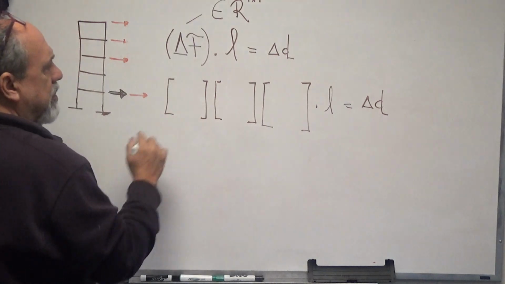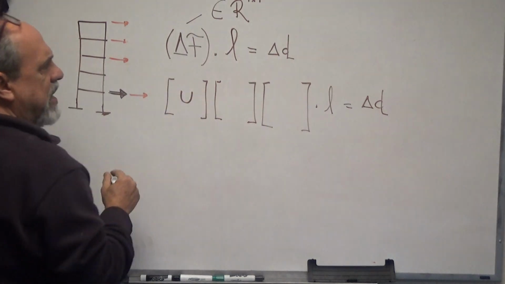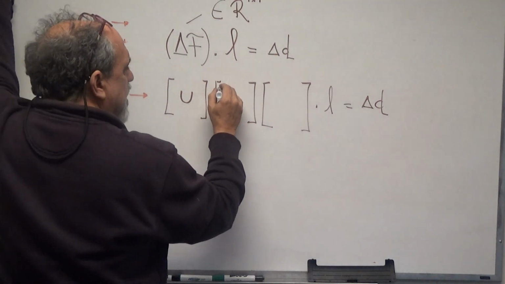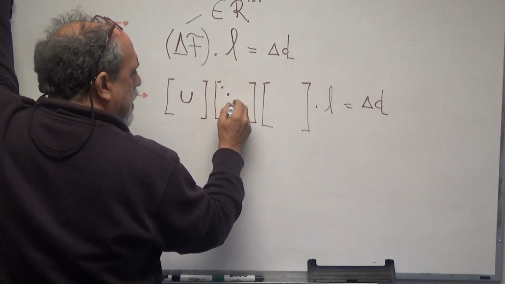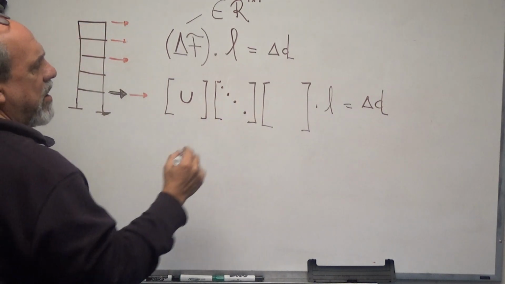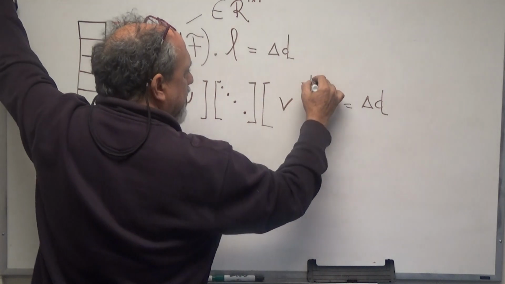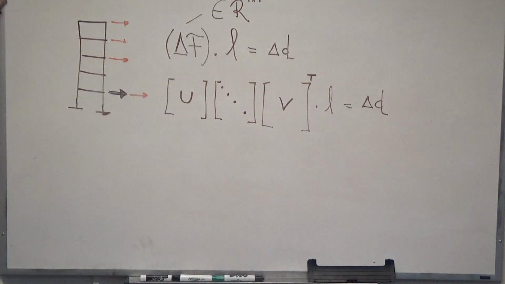Where these are the left side singular vectors, these are the singular values, which will be 4, right? And this is the right side singular vectors, which times L is equal to delta D.